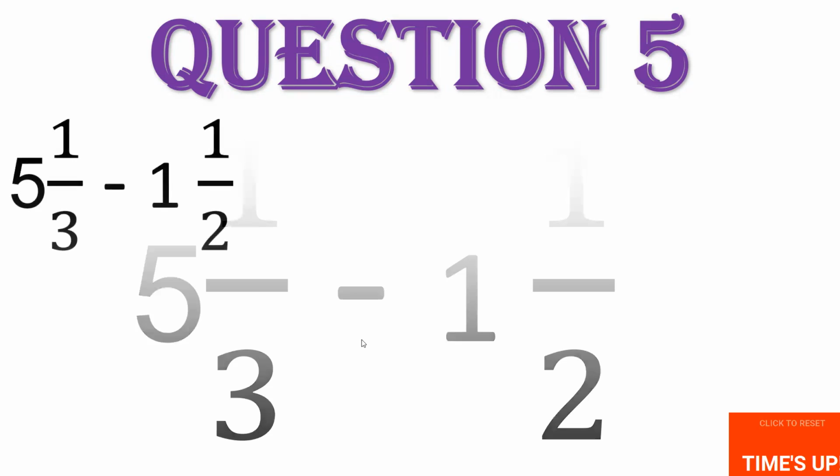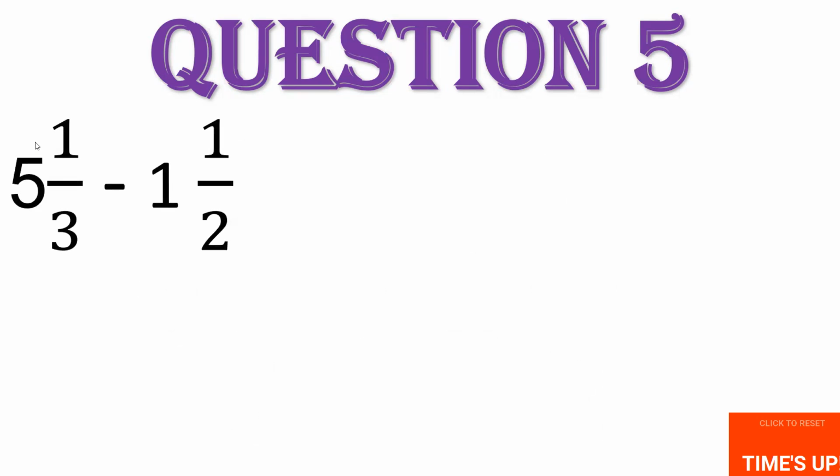For question 5, what we have? 5 and 1/3 minus 1 and 1/2. So what are we going to do now? If you just say 5 minus 1 is 4, and 1/3 minus 1/2, we must use 2 different methods for this question. Let me try with the first one, and then I'm going to explain the other one.